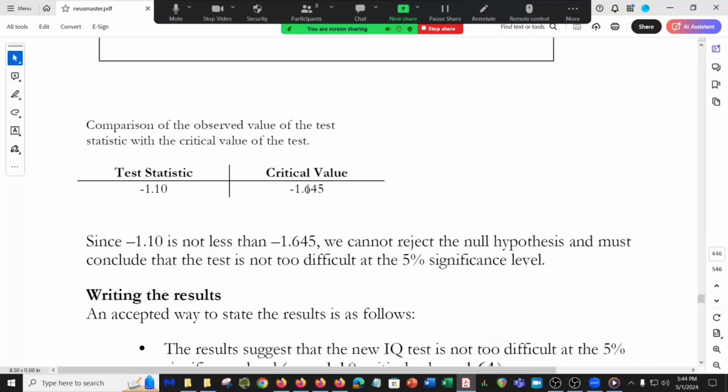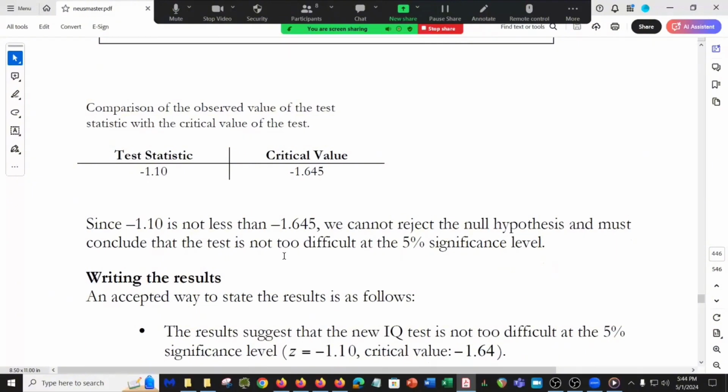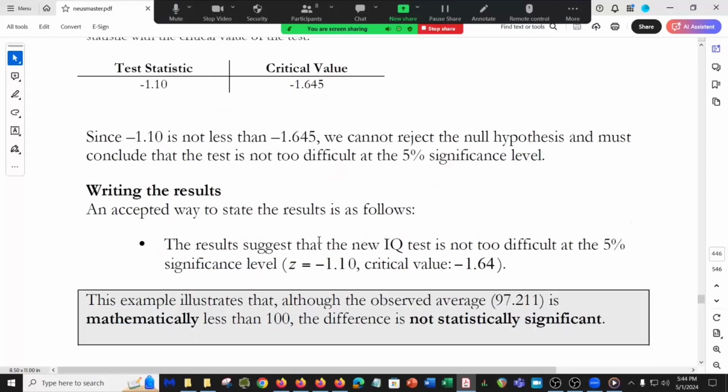We have a critical value of negative 1.645. This test statistic is not less than or equal to this critical value. So we cannot reject the null hypothesis. And we must conclude that the test is not too difficult at the 5% significance level.